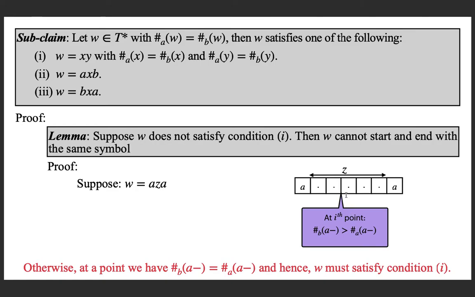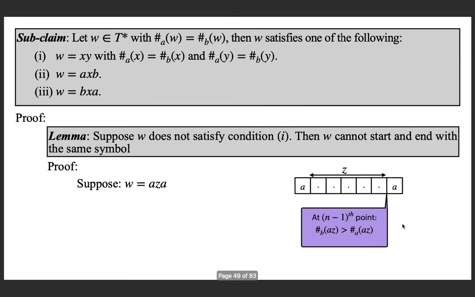At this point it cannot be the same. The only other question is, because we are assuming that W cannot be split into X and Y: if at this point the number of A's is equal to the number of B's, you can split. So it cannot be the same. Then can it be less than? That is, the number of B's less than the number of A's? No, you cannot have it, because you know that at this point it was greater.